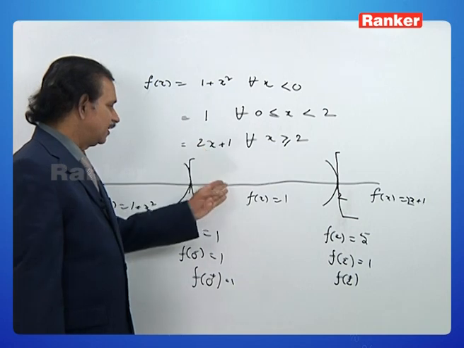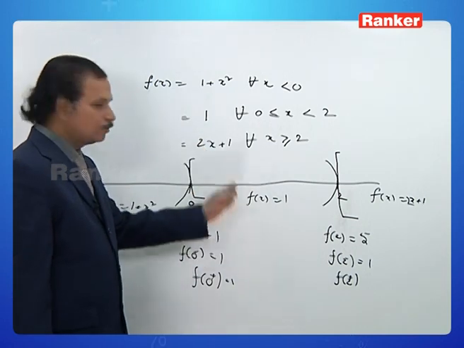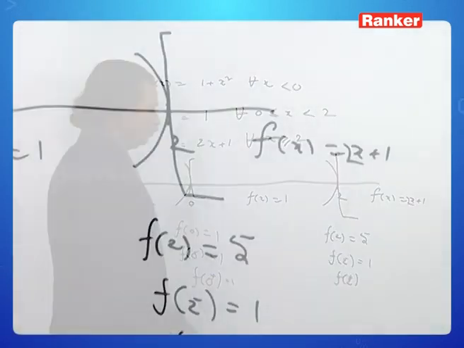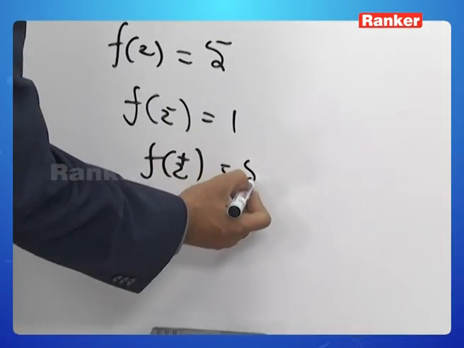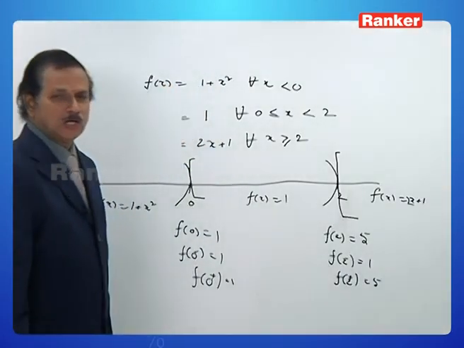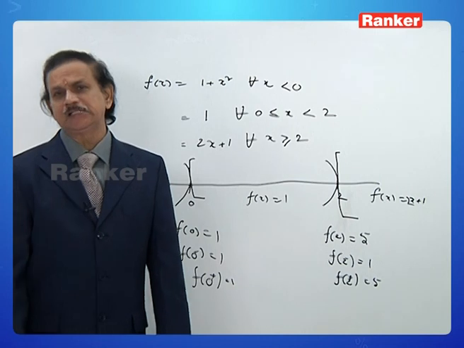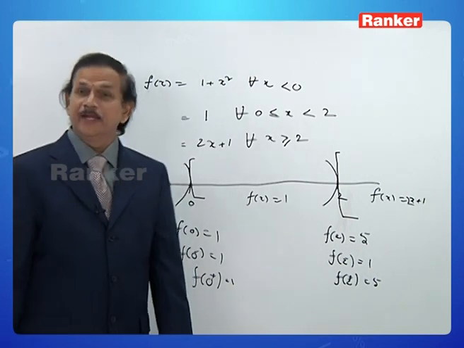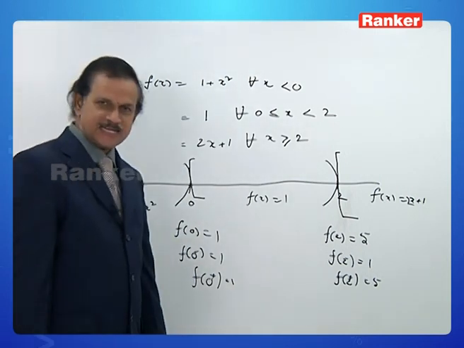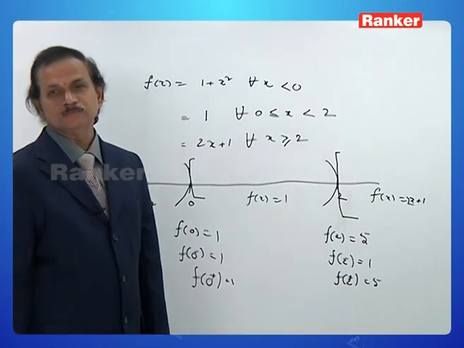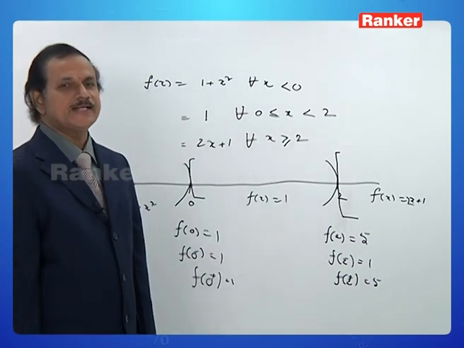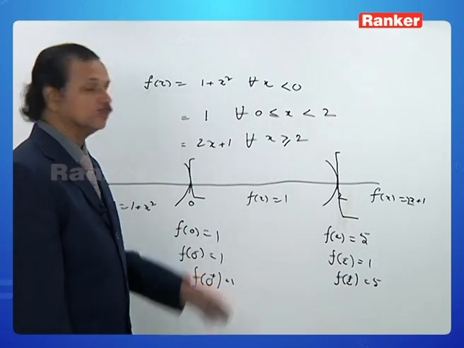What is f of 2 from right? 2 2s are 4, 4 plus 1, 5. What is your comment? Even though f is discontinuous at x is equal to 2, it has right continuity at x is equal to 2.